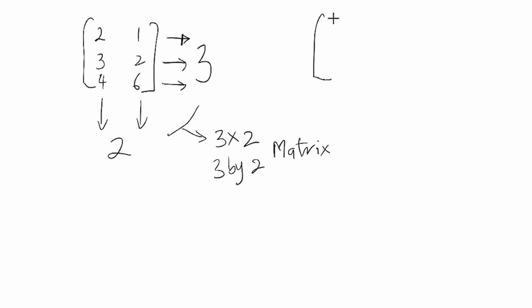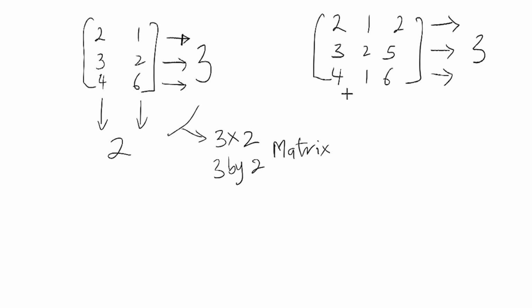If we also have 2, 1, 2, 3, 2, 5, 4, 1, 6, we have 3 rows and also 3 columns. This is what we call a 3 by 3 matrix.